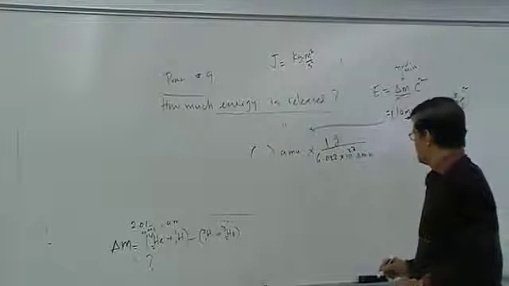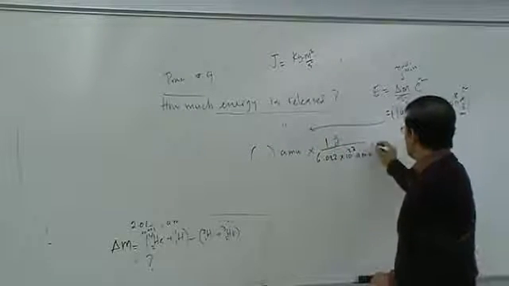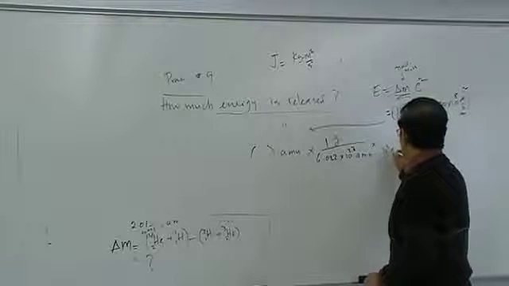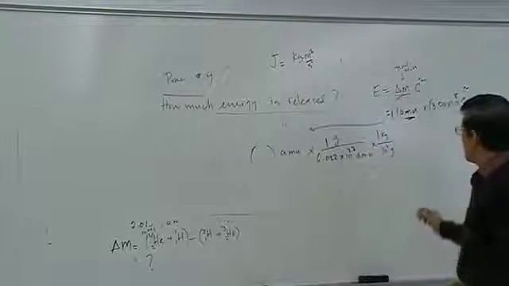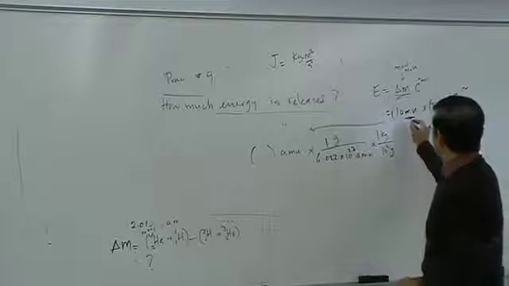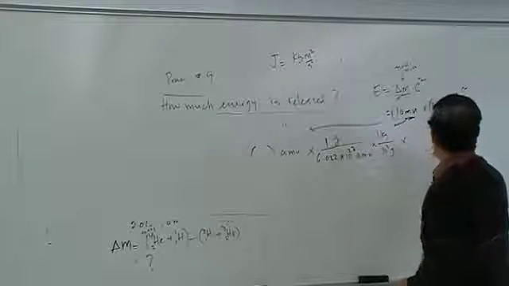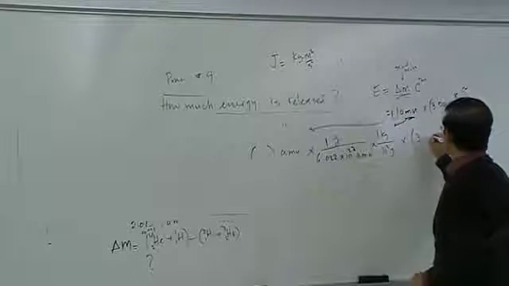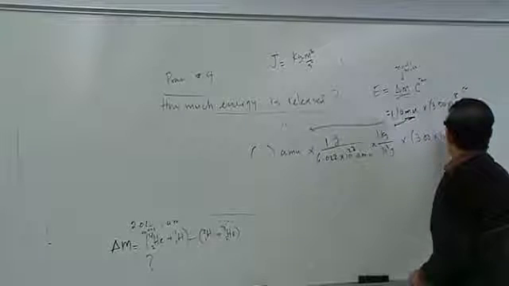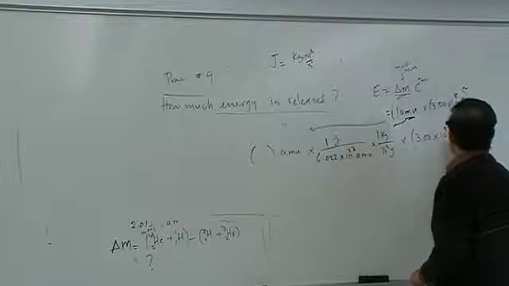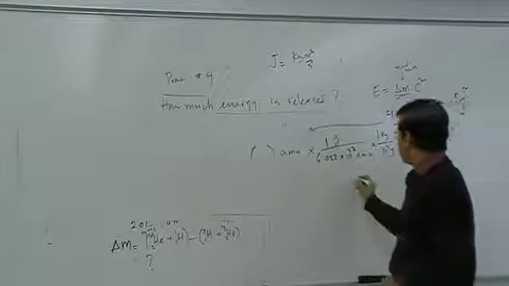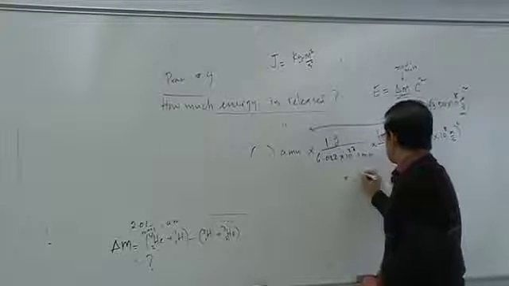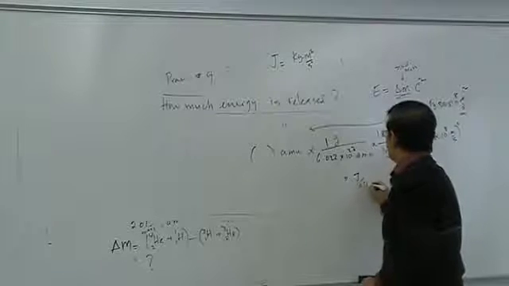That makes 1 gram. 1,000 grams makes a kilogram. So now once you have this kilogram from AMU, then you can use this, c squared. I suggest that you do it independently for your practice, and that would give you joule per atom.